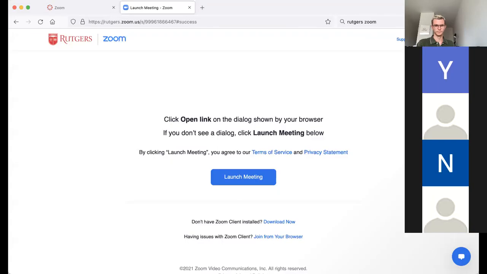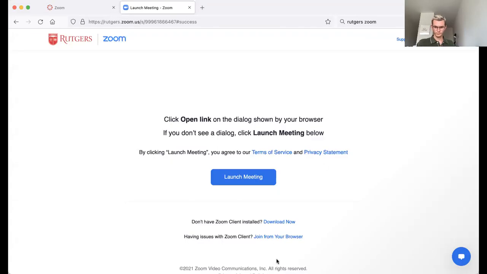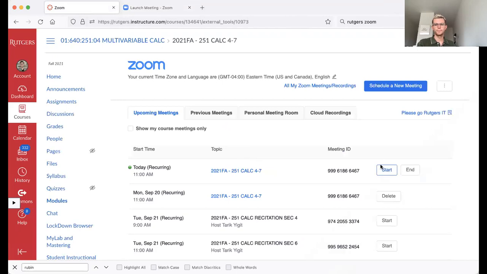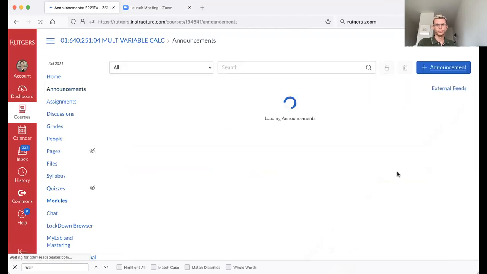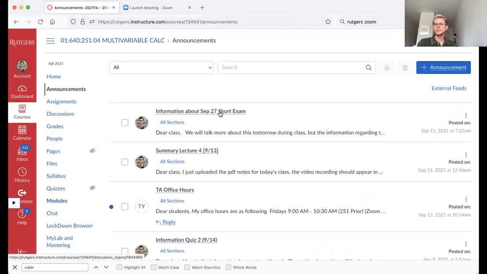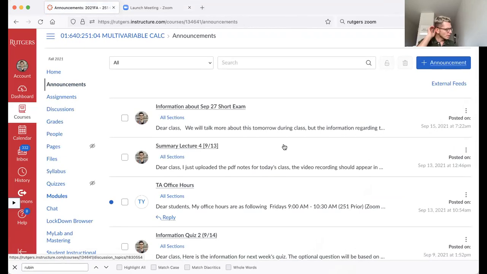I thought maybe we should start quick by going over a little bit about the exams. As I had mentioned last time on Monday, the first exam is on September 27.